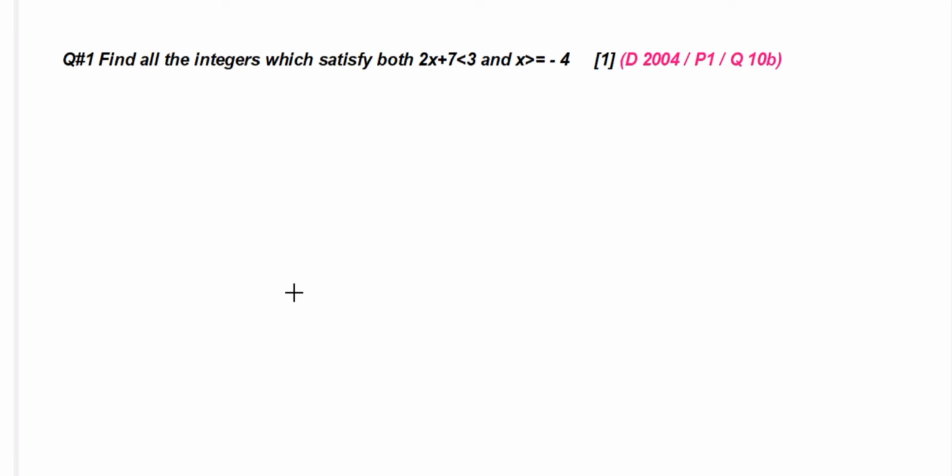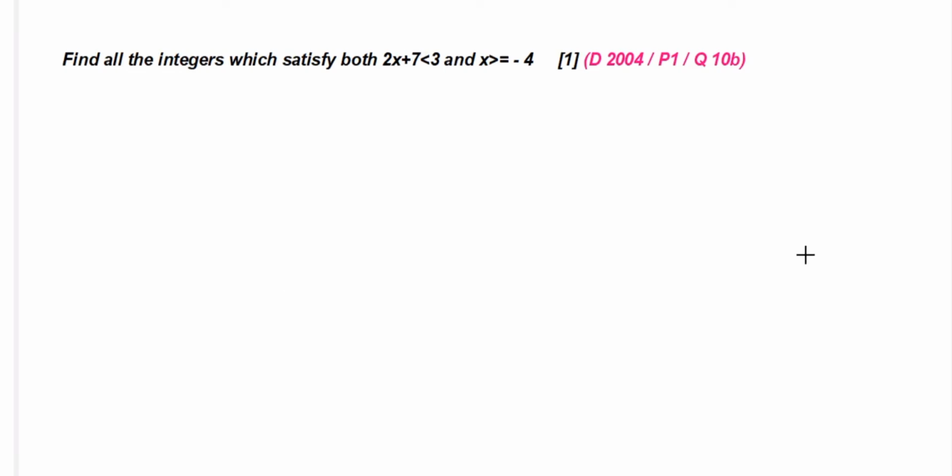So our first question is: we need to find all integers which satisfy both inequalities, 2x plus 7 less than 3 and x greater than or equal to minus 4.